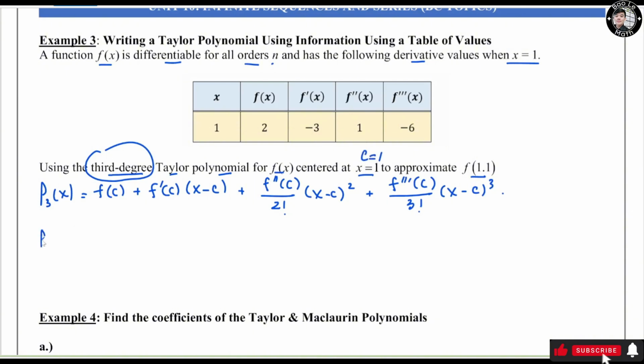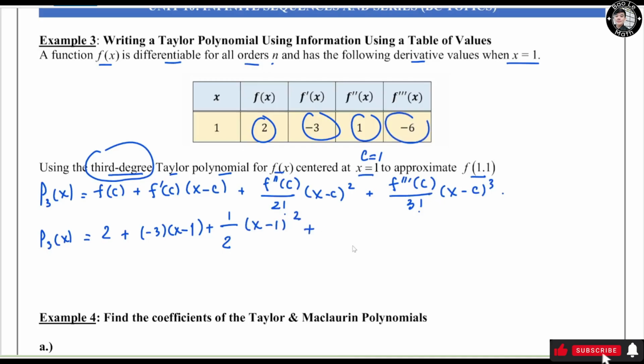So we have P3(x) equals f(1). f(1) is 2 right here. Plus f prime of 1. f prime of 1 equals negative 3, times (x minus 1). f double prime of c is going to be right here, so it's going to be 1 over 2 factorial, it's going to be 2, times (x minus 1) squared, plus f triple prime of c is going to be right here, negative 6.